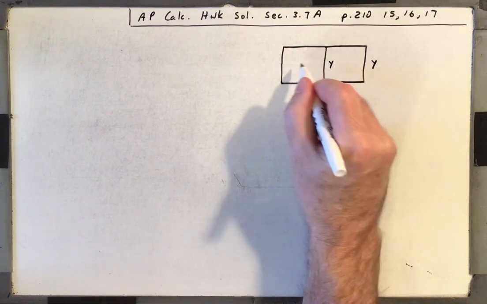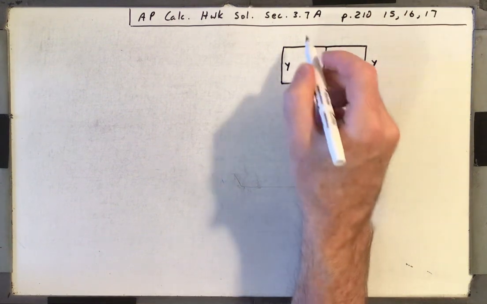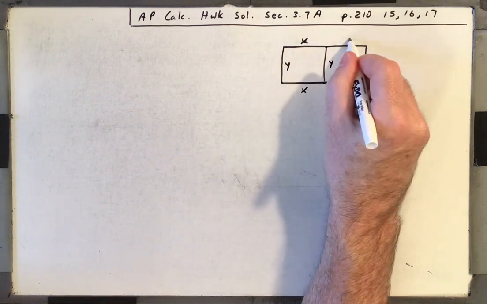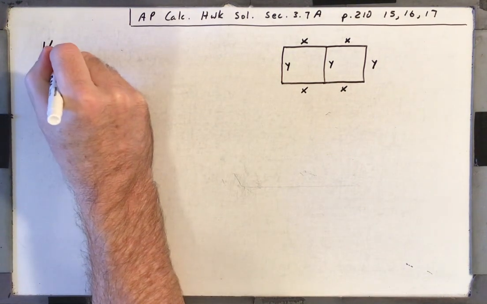We can also infer that each of these vertical members are y and each of these horizontal members are x. And of course this is number 16.